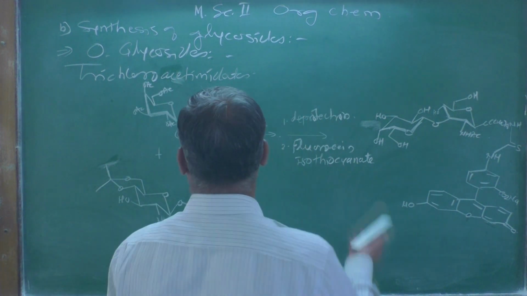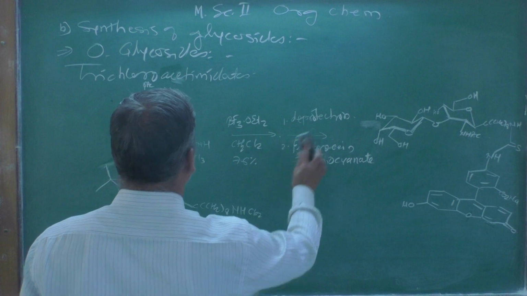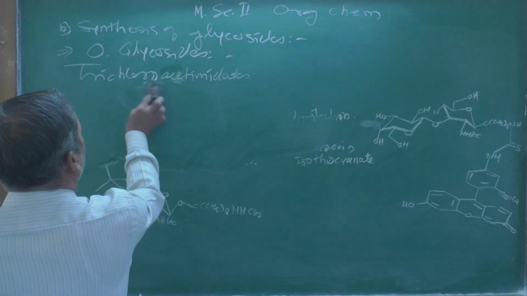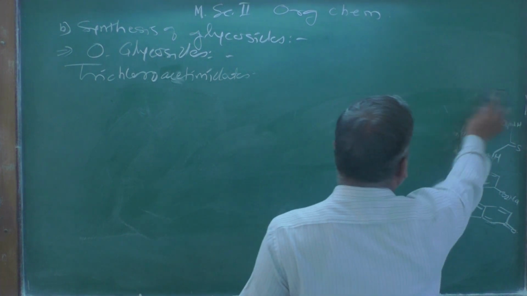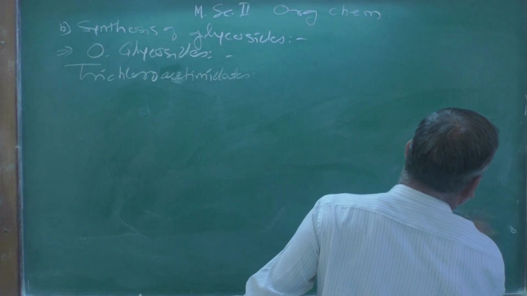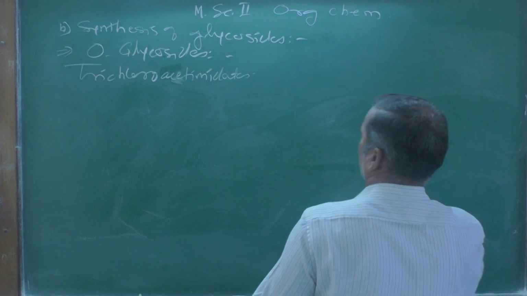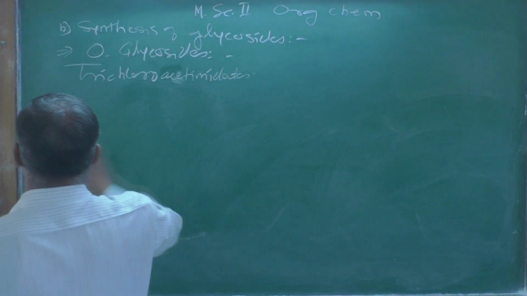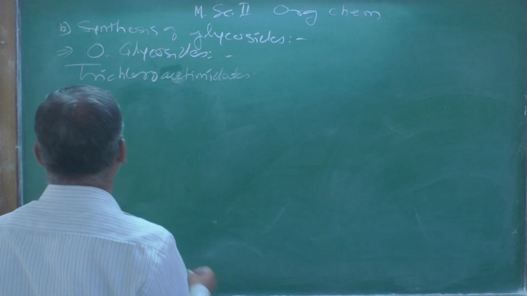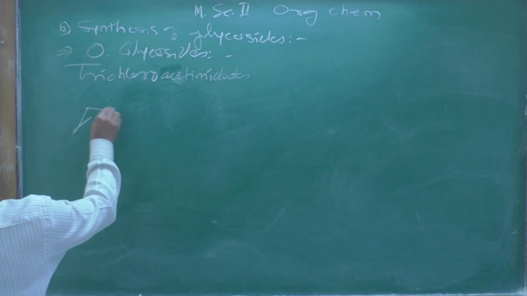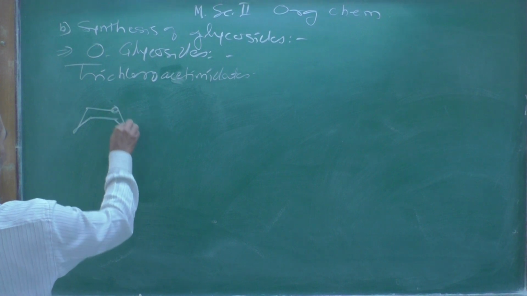Now let us see, in addition to this, another compound and how we are getting that high yield product. Suppose we have this compound, oxygen atom over here.